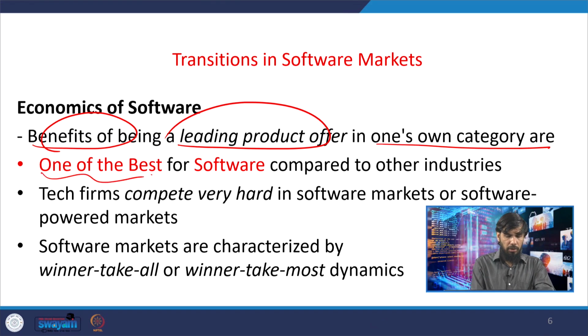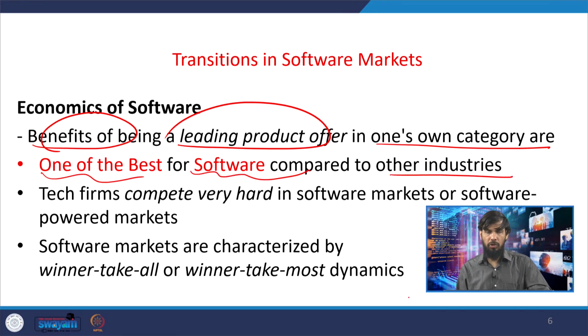One of the best benefits in the case of software compared to other industries is that if you have, as a firm, a leading software product in its own category, then that will pay you off much better than what a leading product will do in a traditional industry. So there are too many gains in being a leader in a software market in any category, and too much at stake to compete.